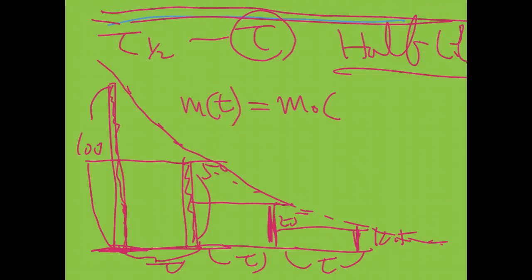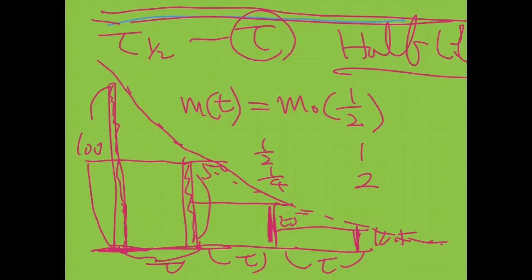When t equals 0, it is the original mass. When t is one half-life, the mass is half of the original. Two half-lives later, it will be a quarter of the original.